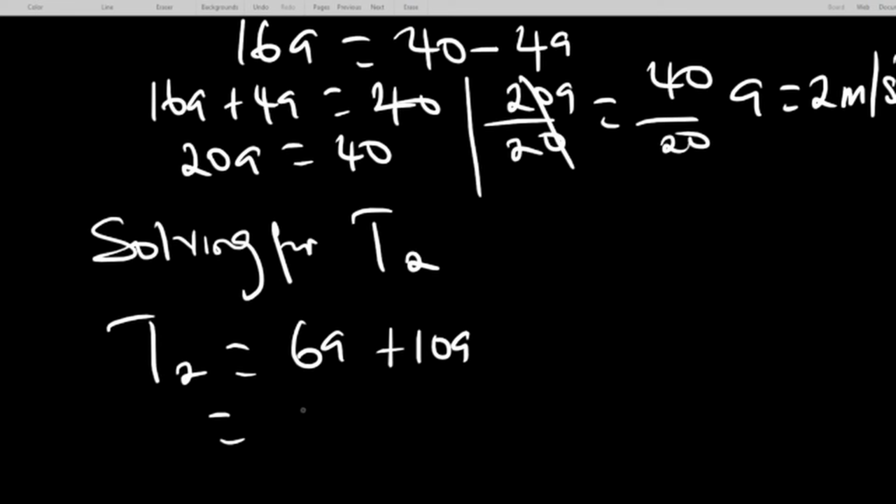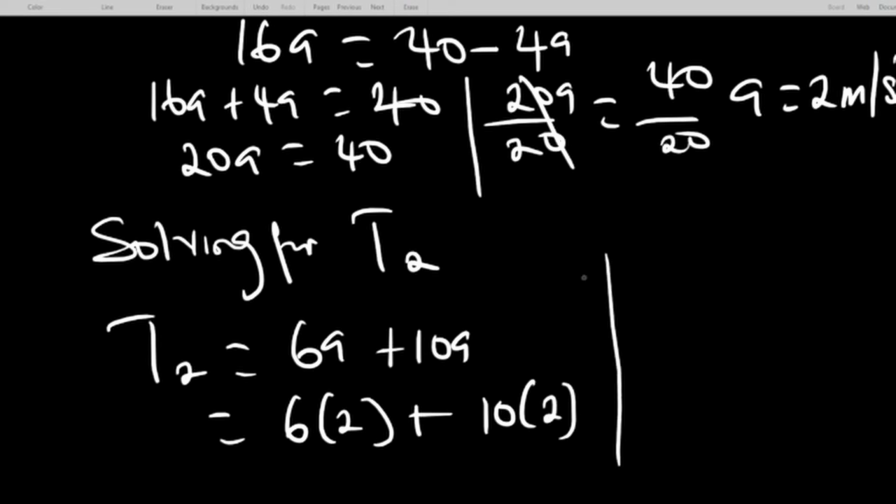Our A is 2, so we have 6 multiplied by 2 plus 10 multiplied by 2. 6 times 2 is 12 plus 10 times 2 is 20, and that is equal to 32 newtons. So this is the value of T2, 32 newtons.